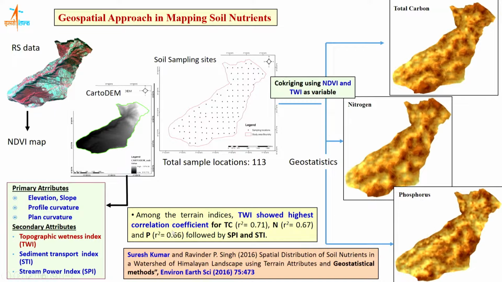So by digital soil mapping methods you are able to prepare these maps. Instead of geostatistical techniques, you can also use machine learning techniques to establish the relationship between the properties you analyze in the soils at different points and, at the same points, the terrain attributes or environmental covariates. By analysis with machine learning you can generate this digital soil nutrient map.